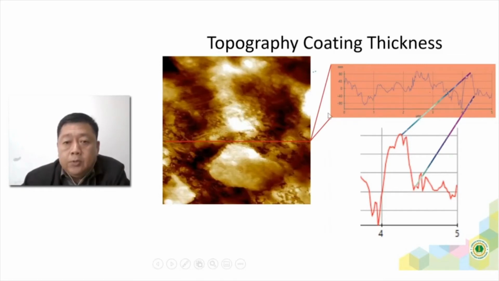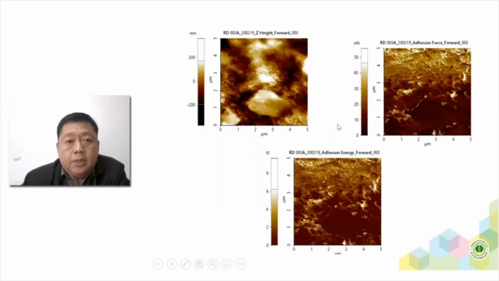Okay. So this is a comparison between the topography, the Z height in 2D, and then the adhesion force on the surface and the adhesion energy. Adhesion energy and adhesion force are more or less the same, as you can see from these two images.